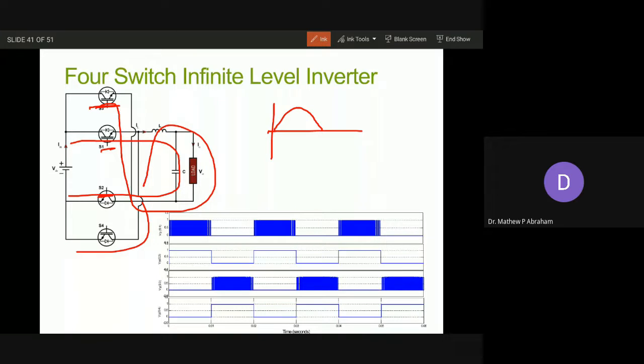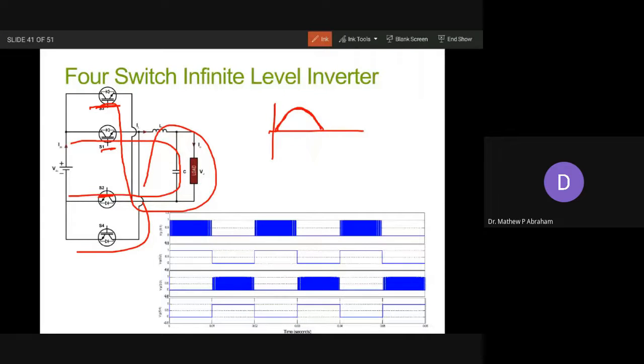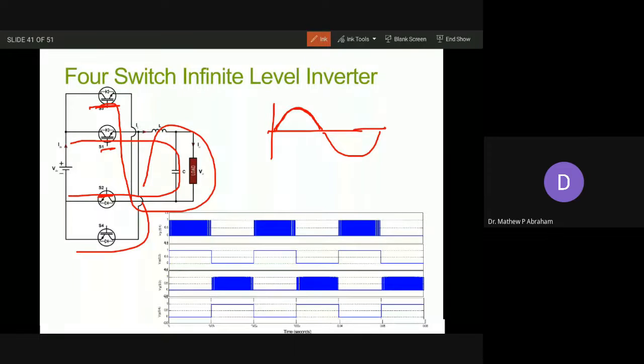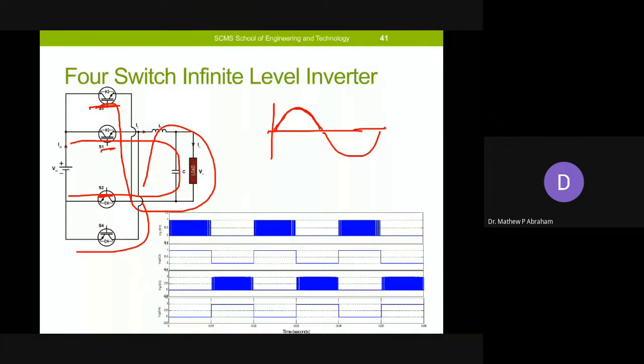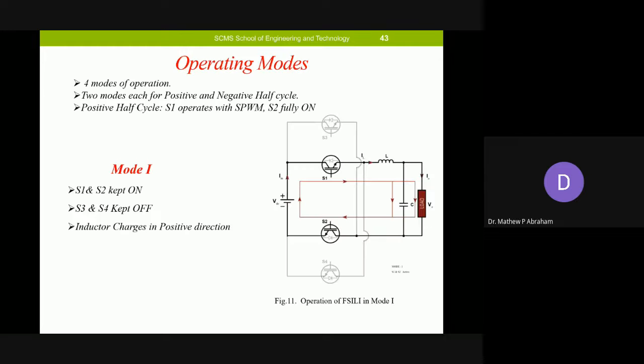So at the output, one boost creates a voltage like this, and at the load, another buck creates a voltage like this, right? So these are the different operating modes of that.